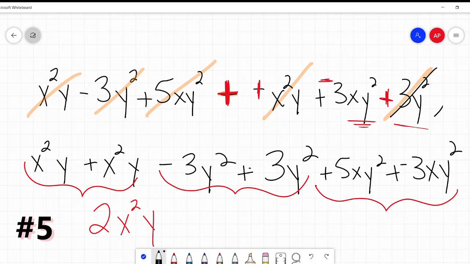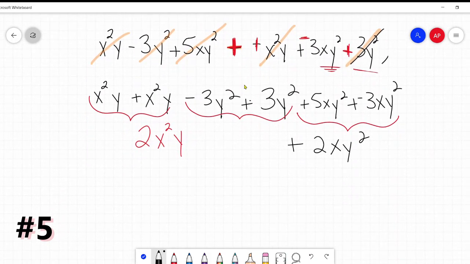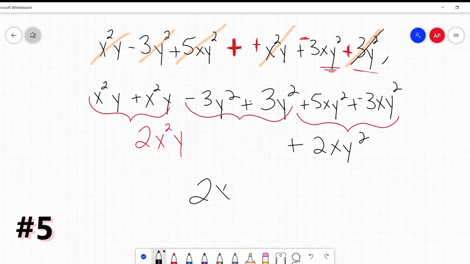So 5 minus 3 essentially is going to be a positive 2xy squared. So our final answer is 2x squared y plus 2xy squared, which is option C.